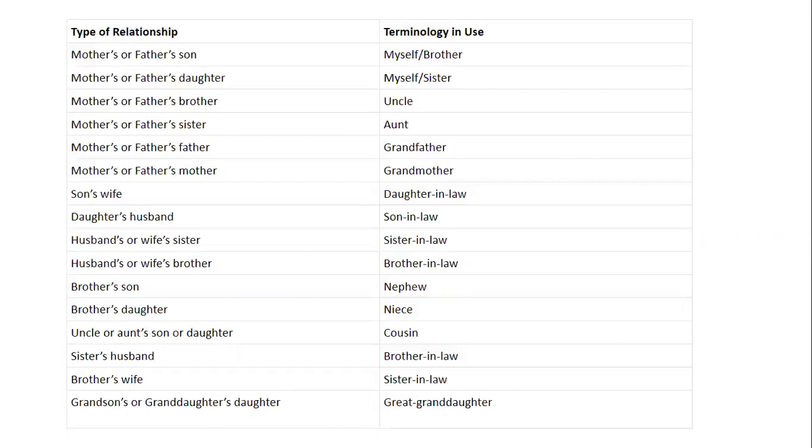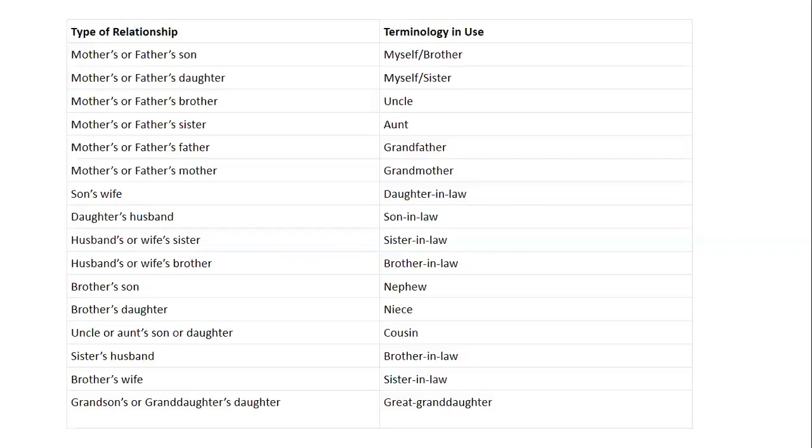Mother's or father's brother is termed as uncle. Mother's or father's sister is aunt. Mother's or father's father is grandfather. Mother's or father's mother is grandmother. Son's wife is termed as daughter-in-law. Daughter's husband is son-in-law. Husband's or wife's sister is sister-in-law. Husband's or wife's brother is brother-in-law.